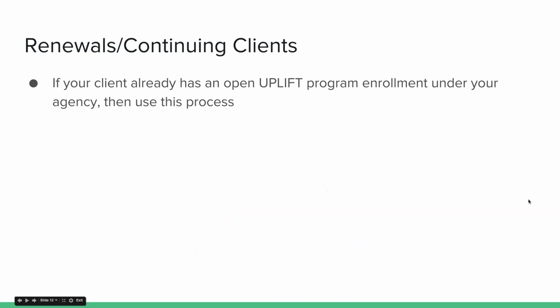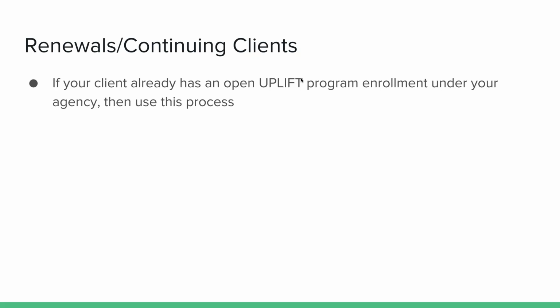For continuing clients, we're going to go over how to do that process. Nobody is going to be in this situation this quarter, but next quarter, the quarter starting July through September, any clients that will need an UPLIFT pass that you have already requested a pass for them in April will follow this process.